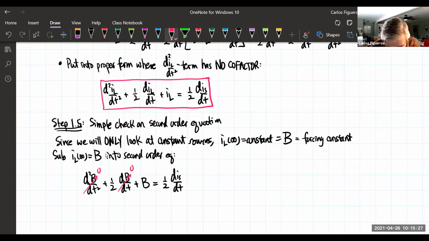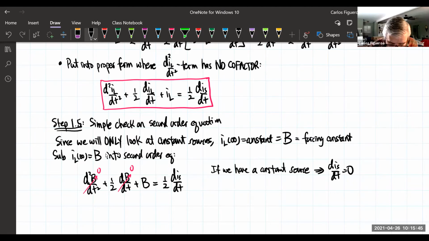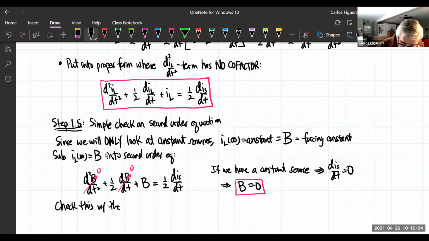Now, if we have a constant source, that implies that the derivative of this guy must be 0. So this implies that b must be equal to 0. Now what I want to do is check this with the circuit.